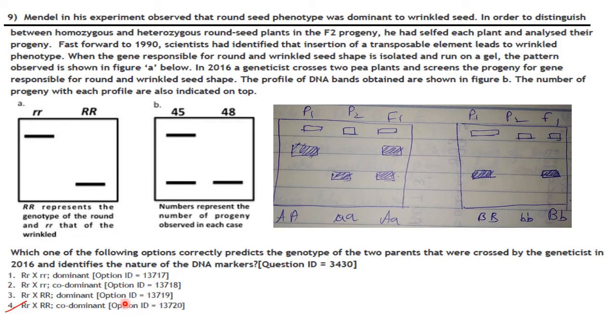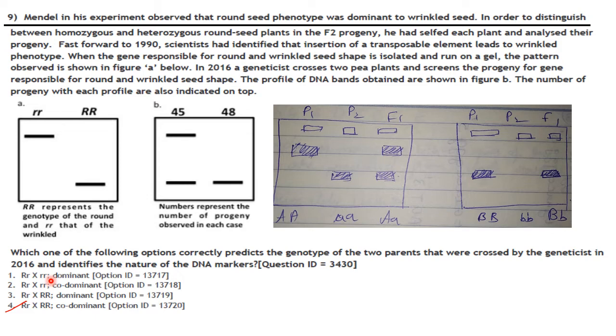Now in the cross between capital R and small r, you will get F1 as capital R small r. You cross it, you get F2, and the F2 progeny will be capital R capital R, capital R small r, capital R small r, and small r small r.